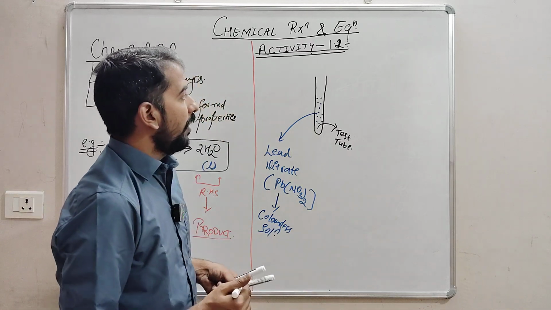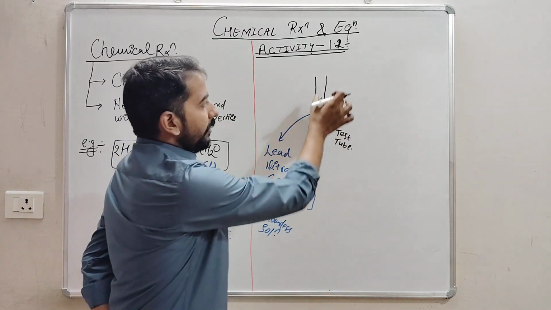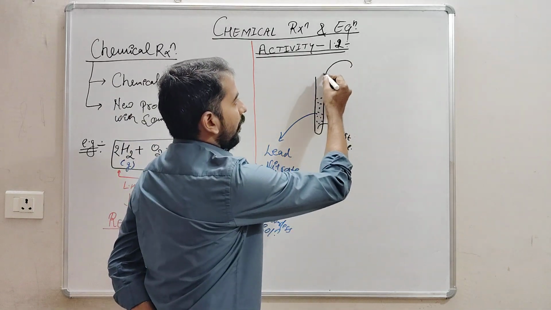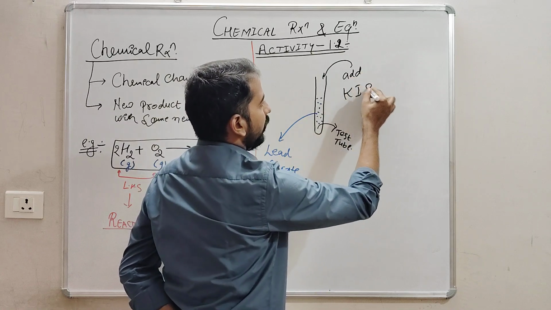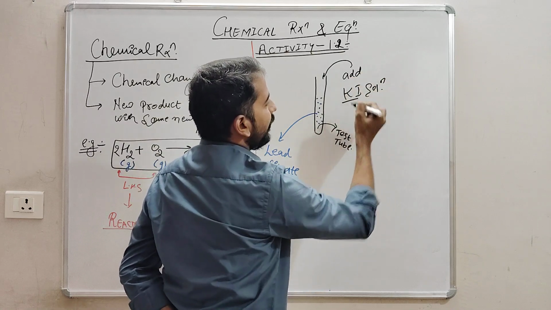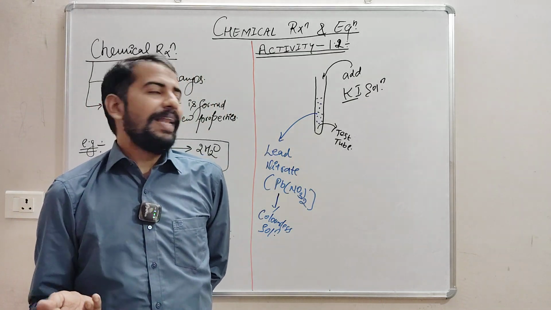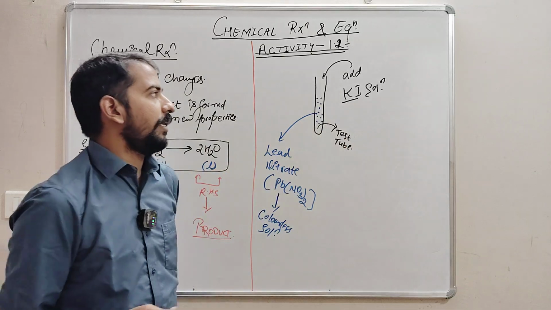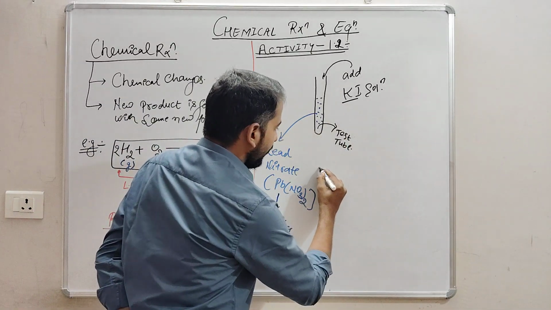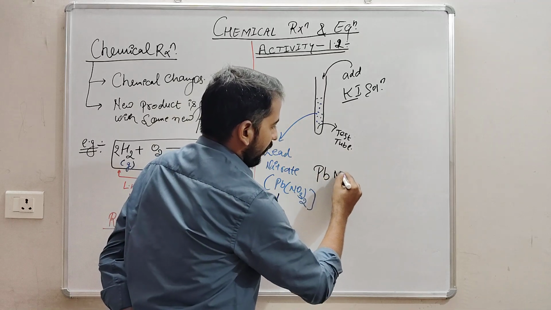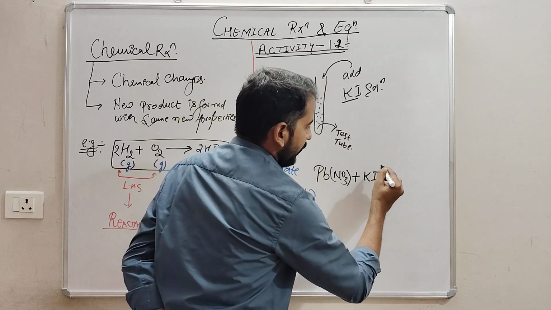Okay, now what they are saying is, in this test tube add KI solution. KI solution is dark violet in color. So what will you get? If you see the reaction, lead nitrate plus KI solution.